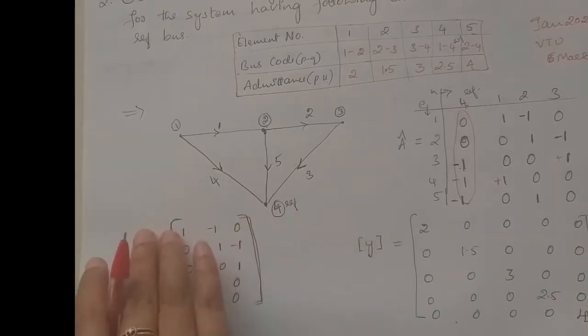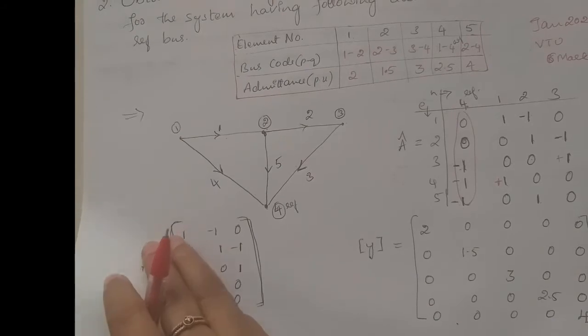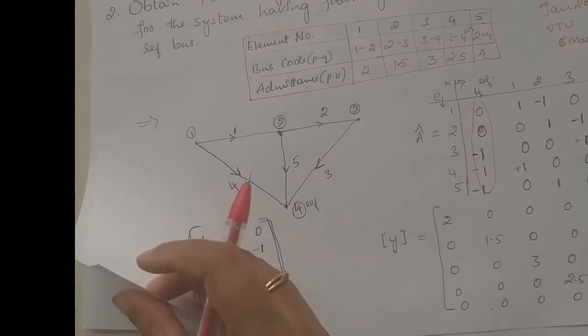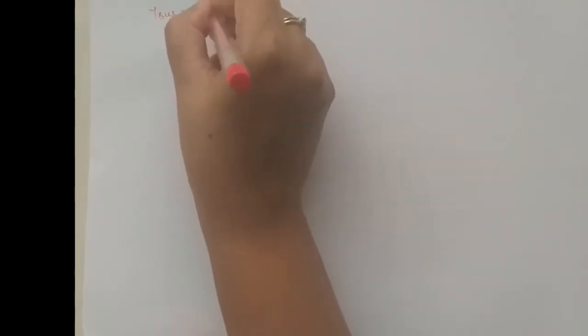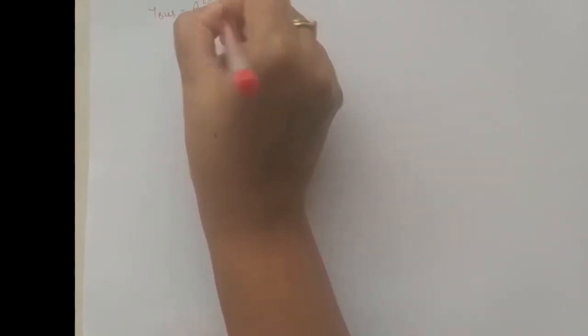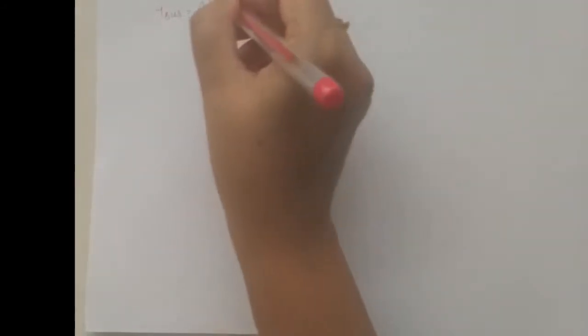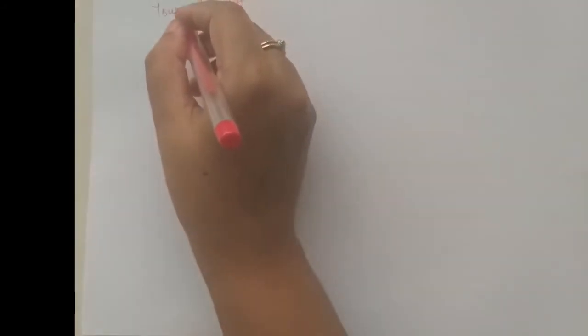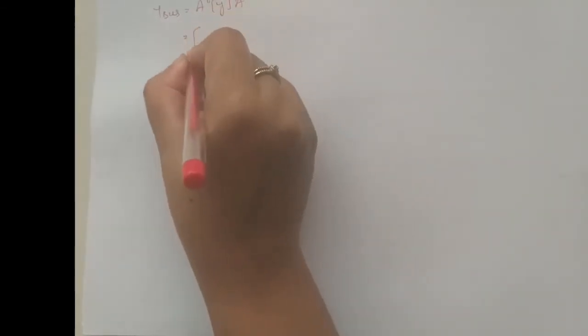Okay, so we have now matrix A as well as matrix Y. We have to find the matrix Y bus. Y bus is equal to A transpose Y A.